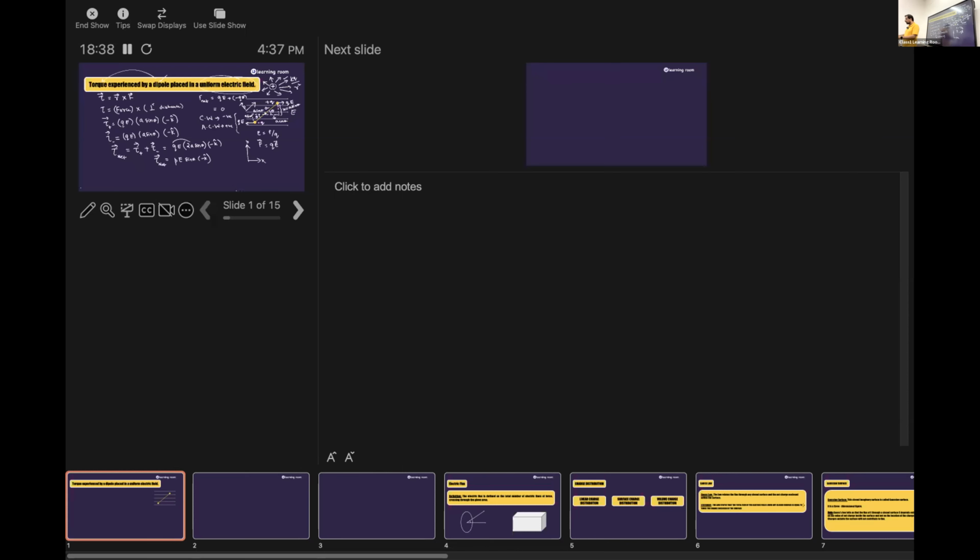So, having the same thing in mind, if I take P vector and E vector, this is P vector. E vector is like this. Make sense? So, if I write P cross E, what will be the direction of torque? If I write E cross P, what will be the direction of torque?